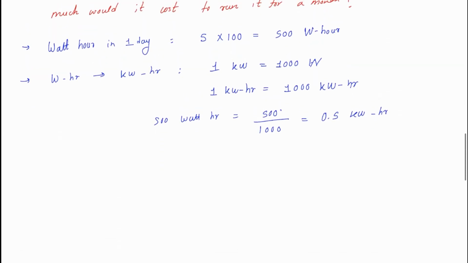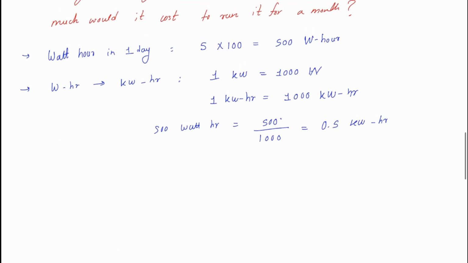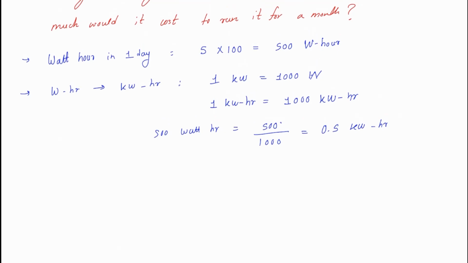Now the next thing is, this is per day. So per day it is going to be 0.5 kilowatt hour. But a month has 30 days, so for a month we'll have to multiply this by 30 to get the total kilowatt hours, and that will be 15 kilowatt hours.